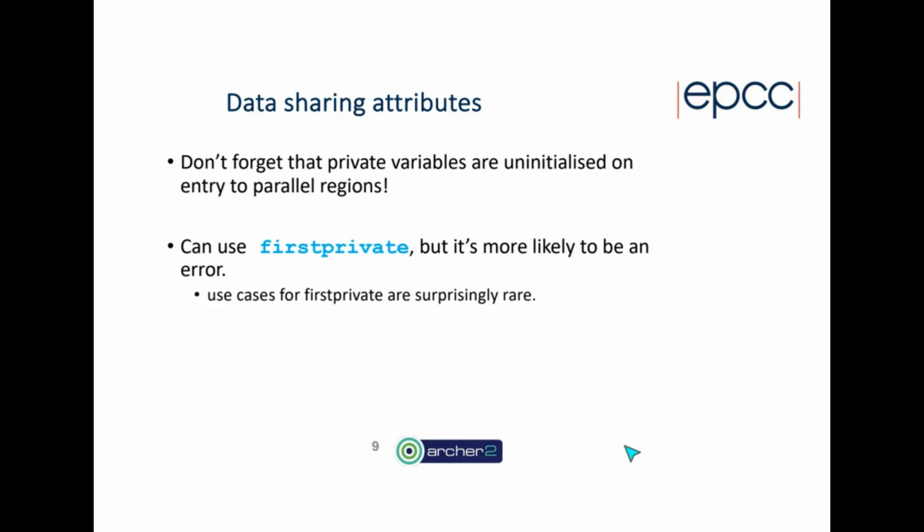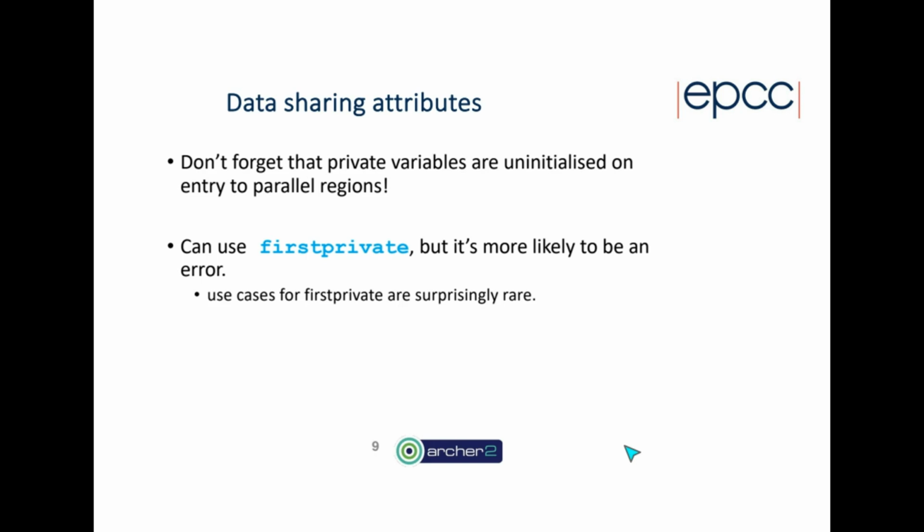You can have private clauses on work sharing constructs, though it's not a very common use case. But if you do that, don't forget that those things are uninitialized on entry. Every thread gets a new copy of that storage, but it has no valid value.